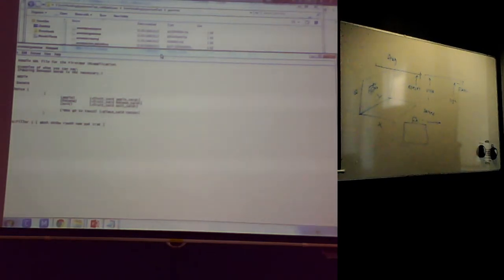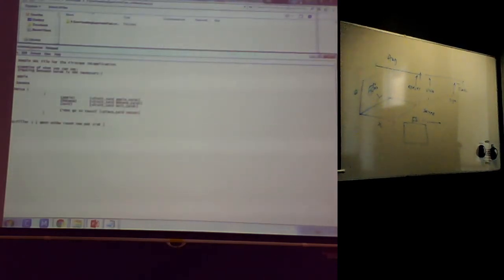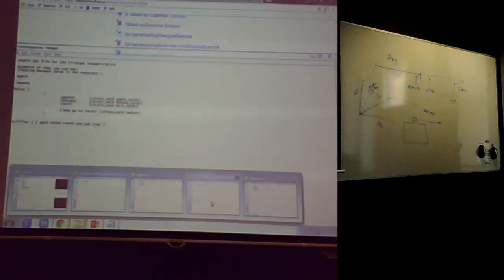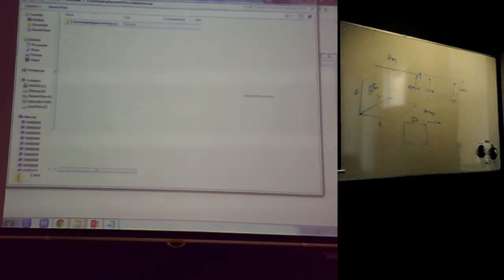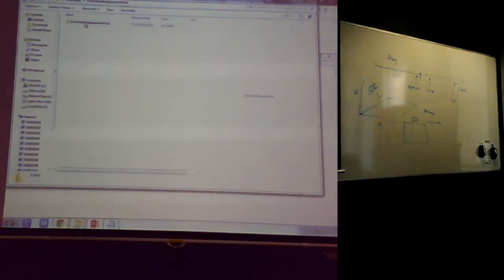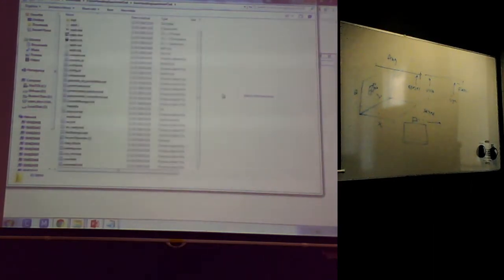So if you look at where that folder is, when you do compile, where is it here? See, that's the batch file which you use to compile the grammar.